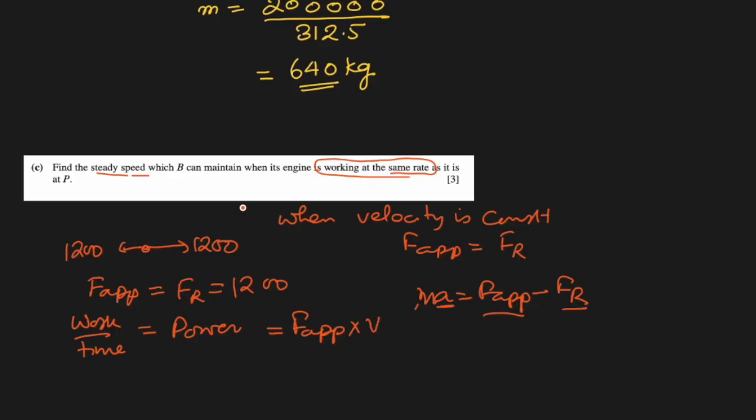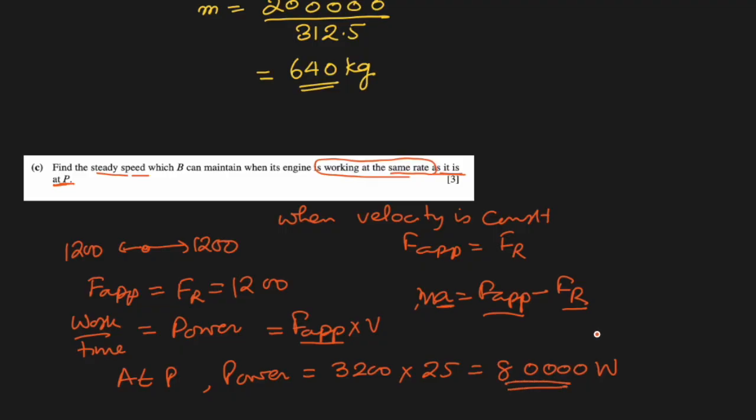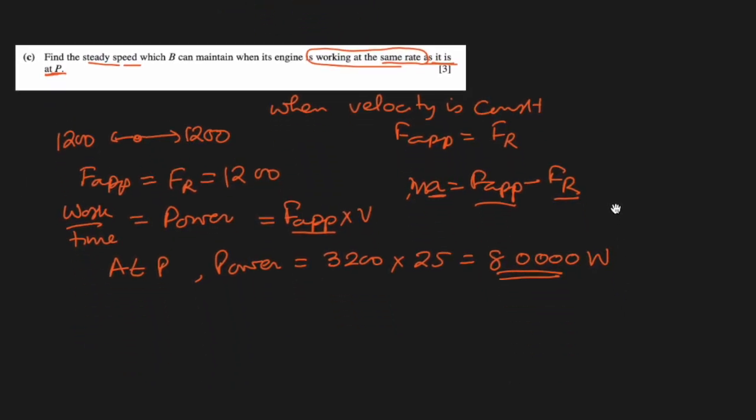Okay, they're saying at the same time, when the engine, as it is at P, whatever is the power at P, that's what they're using. So at P, power equal to, applied force was 3200, speed was 25, that is 80,000 watts. So they want 80,000 watts to be maintained, but the speed should be same.